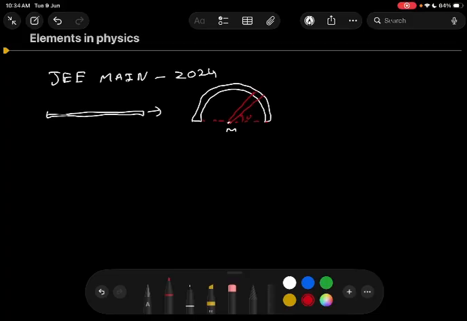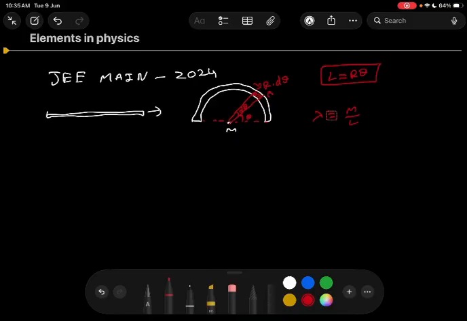Here this is theta, this is d theta, a very small angle. We are taking that strip as r d theta, as we all know L equals r theta. I hope you are all aware of this basic rule. We all know that lambda is equal to mass per unit length.